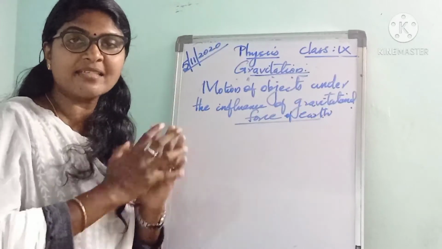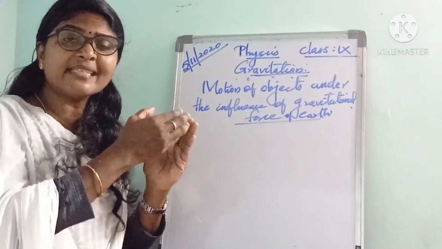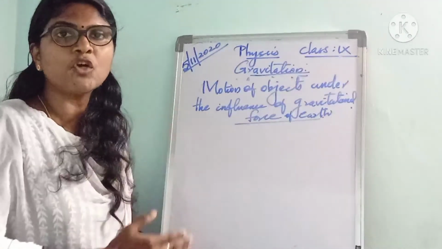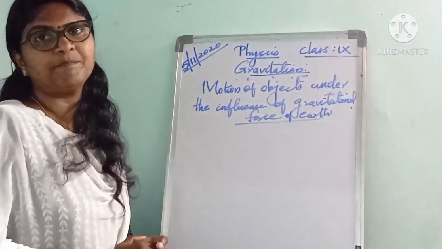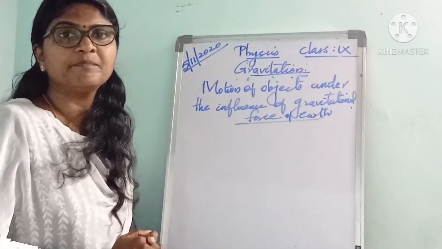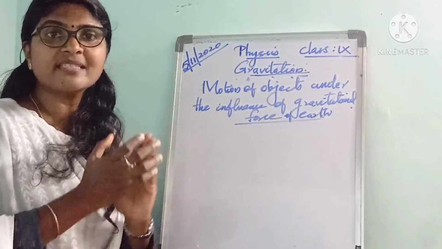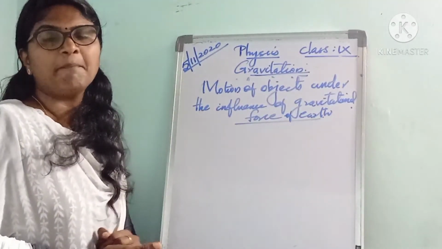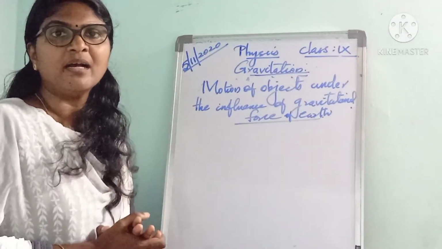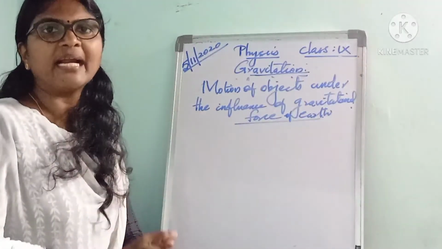In the first case, when we drop the paper and the stone from the top of a building, air resistance is there, so the stone reaches the ground first and the paper second. But when the same experiment is conducted in a glass jar from which the air is completely removed, both the paper and the stone reach the ground at the same rate.